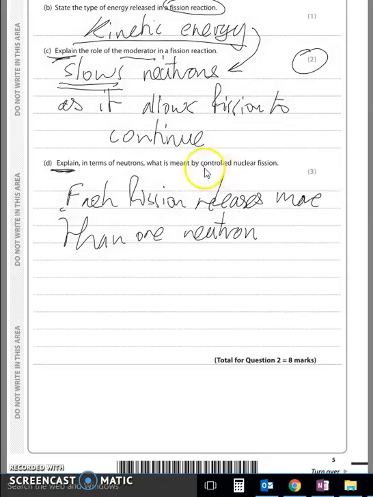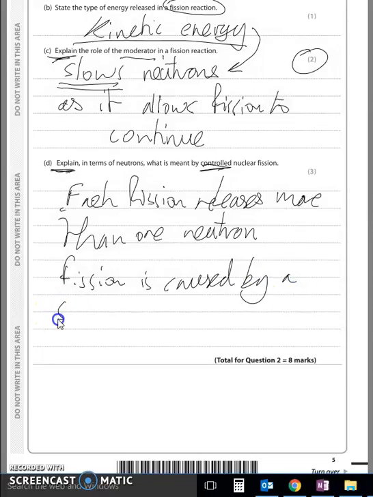So we need a controlled nuclear reaction. Each fission releases more than 1 neutron, but fission is caused by a single neutron. So lots are released. We only need 1.